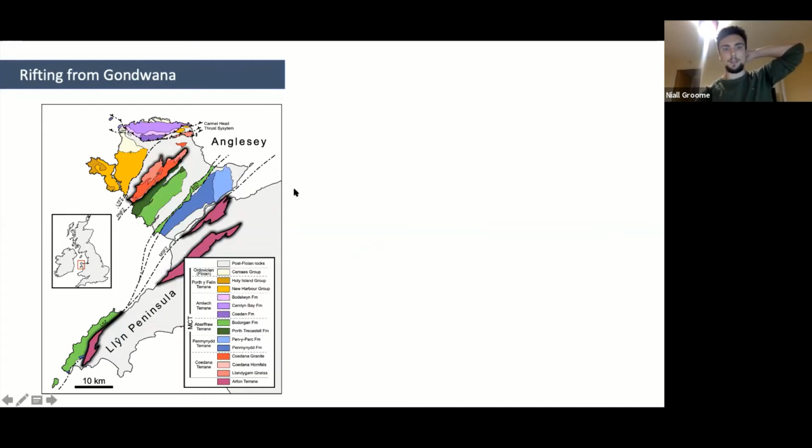So in Anglesey, we essentially have our outward terrain of accreted material against the margin of what is supposedly the arc, the volcanic arc boundary along this line here. But that can't explain how we have this lump of granite in the middle, essentially.